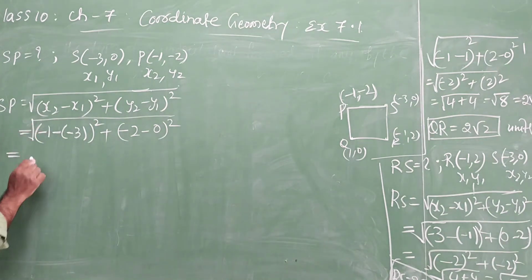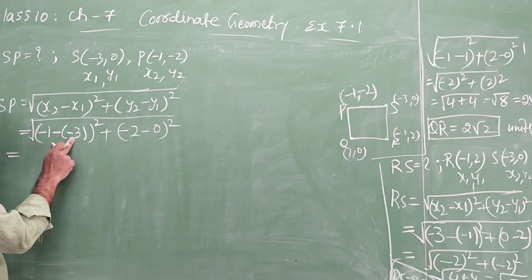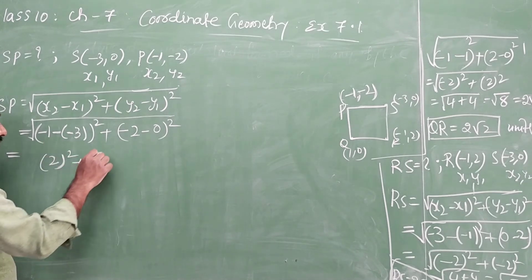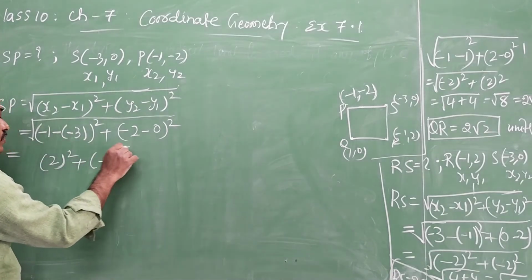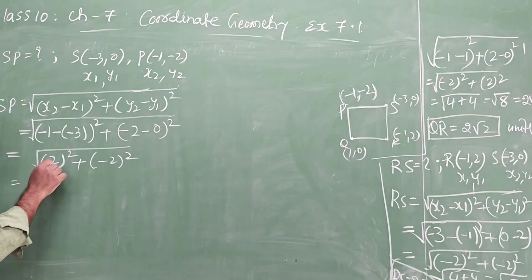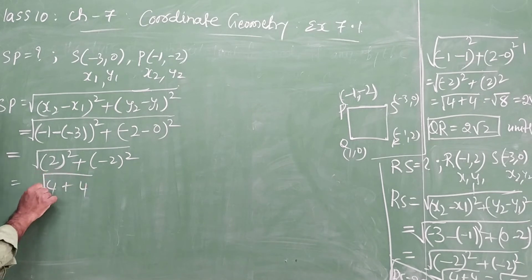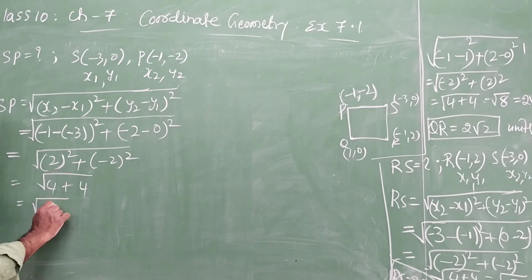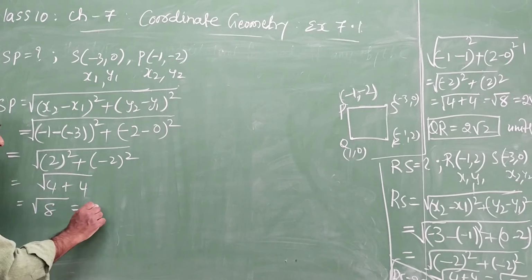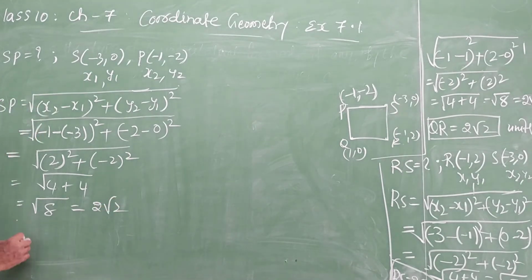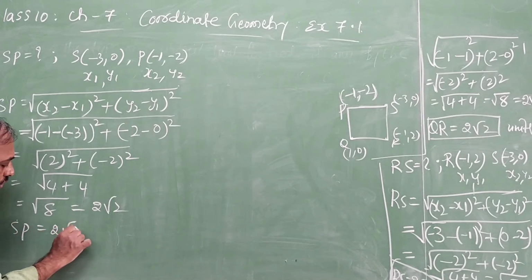Minus into minus plus, minus 1 plus 3 is 2 square, plus minus 2 square. 2 square is 4, plus minus 2 whole square is also 4, which is equal to root 8. Root 8 can be written as 2 root 2. So SP is equal to 2 root 2.